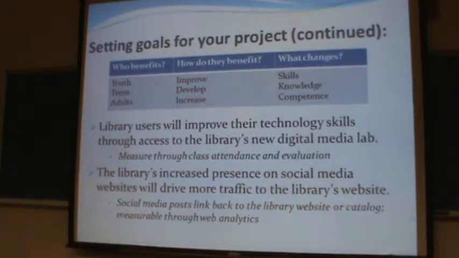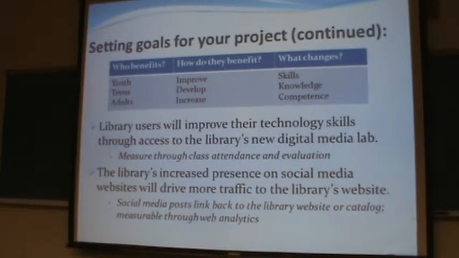So, as you're thinking about your goals and maybe you're feeling really confused, you're not sure what to set up, you can always create a little chart for yourself of the question words: who, what, when, why, and how. And it's almost like pick and choose your own adventure from across the board. Do you want to see youth, teens, adults, whoever benefit from this?